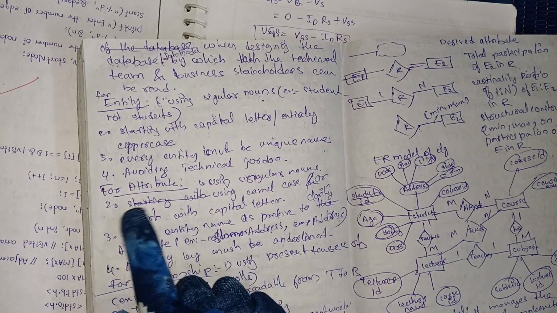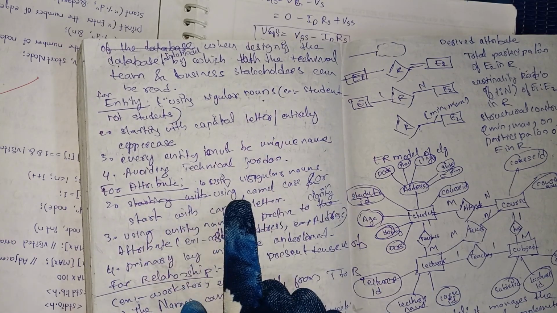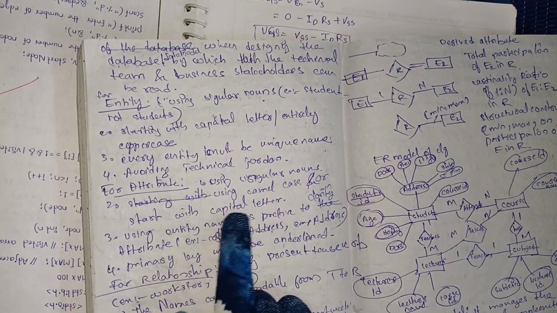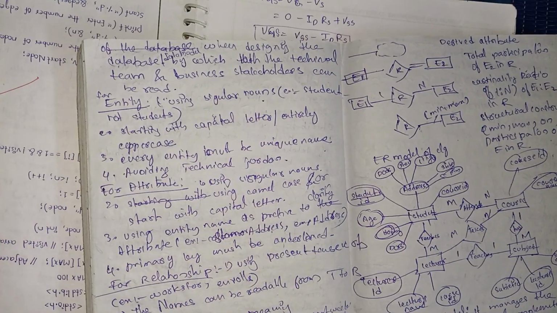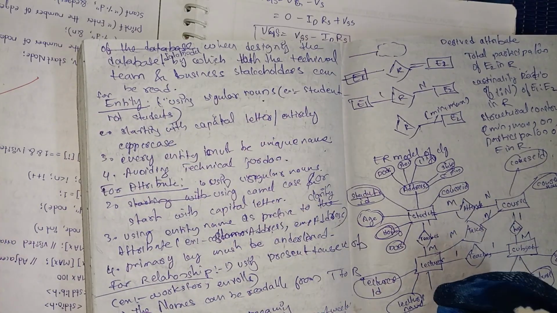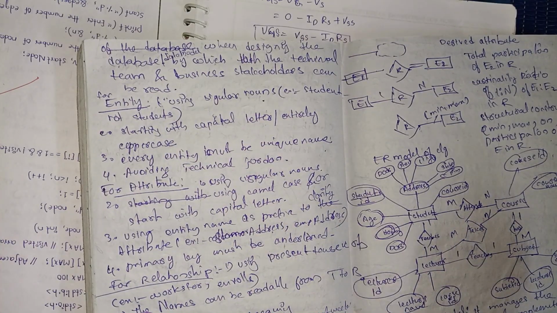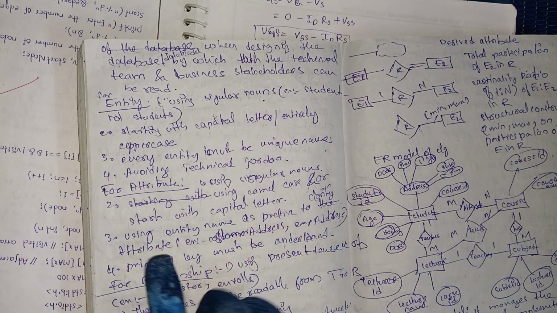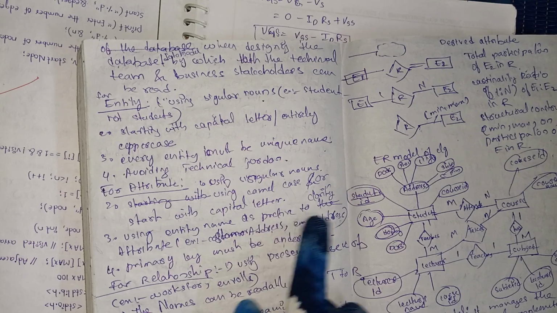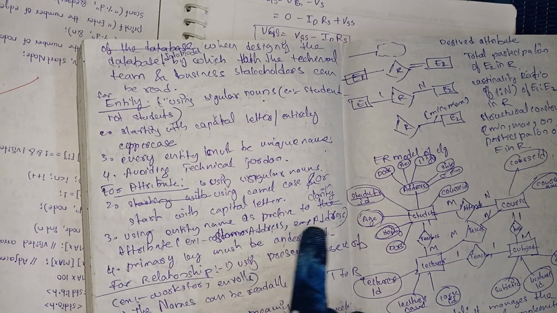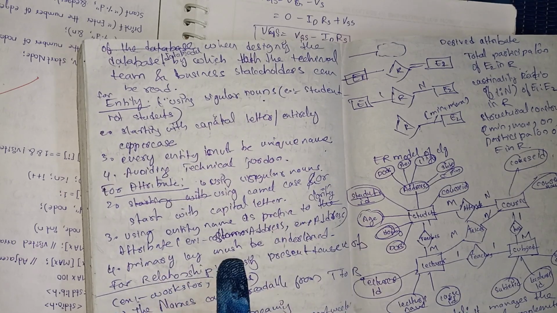For attributes, use singular nouns and use camel case or start with capital letters. Camel case means except the first word, all the remaining words start with a capital letter. Use the entity name as a prefix to clarify attributes, like customer address, employee address.